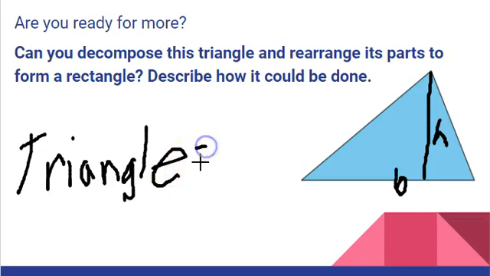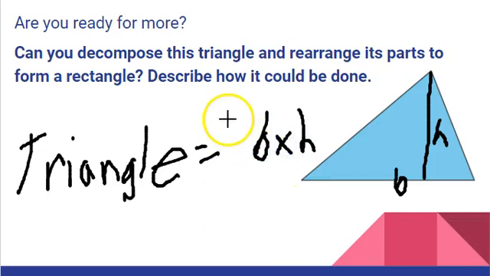I think for the area of a triangle, we have to take the base times the height, but what else? Yeah, we need 1/2 of that base times the height.